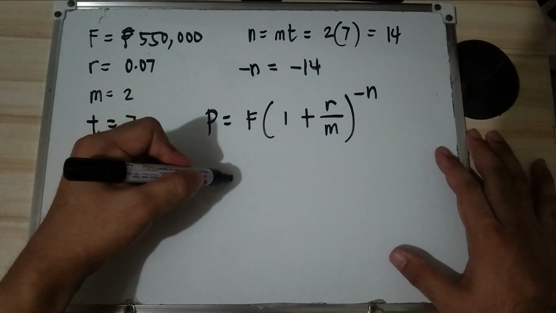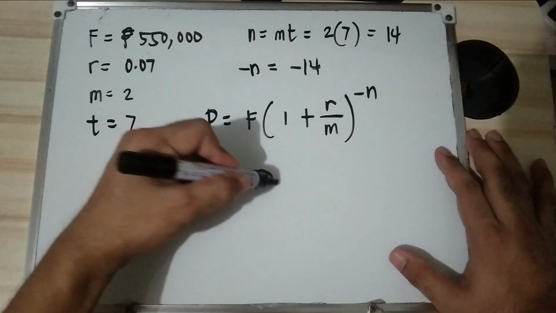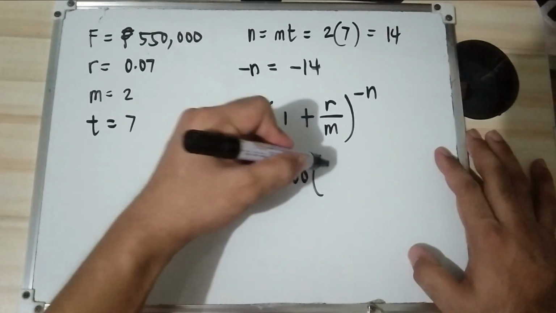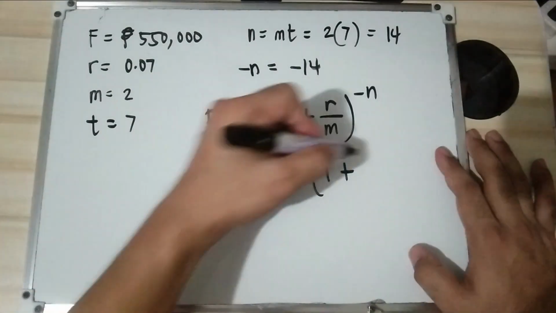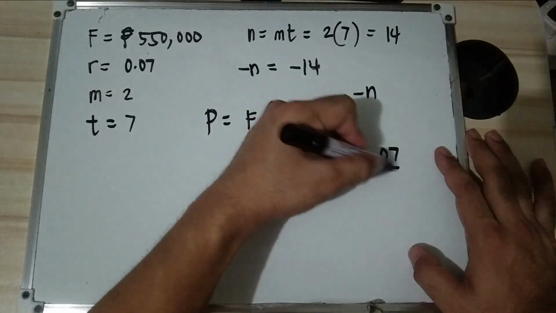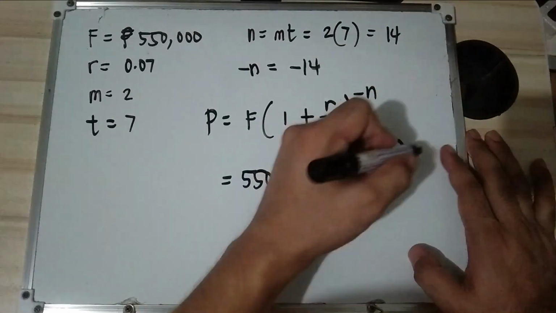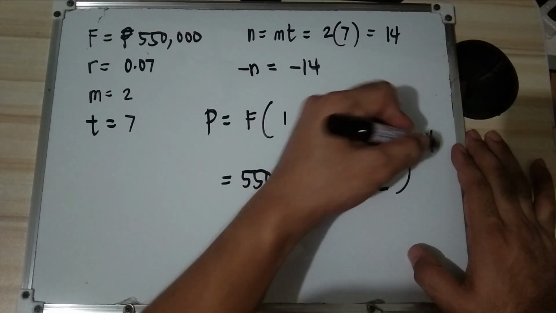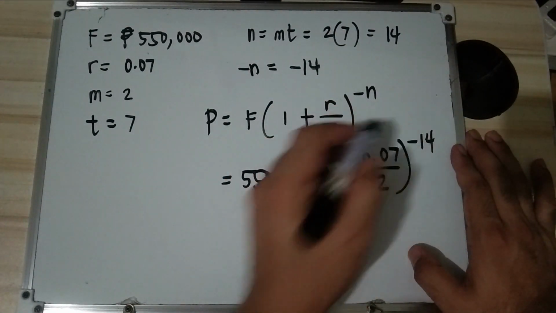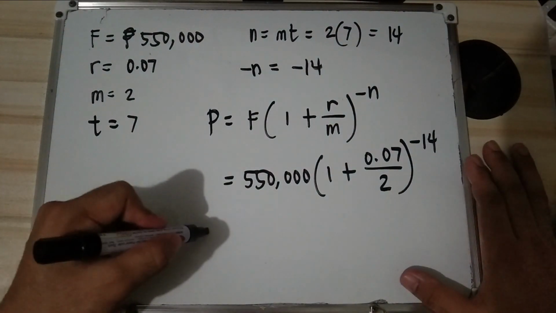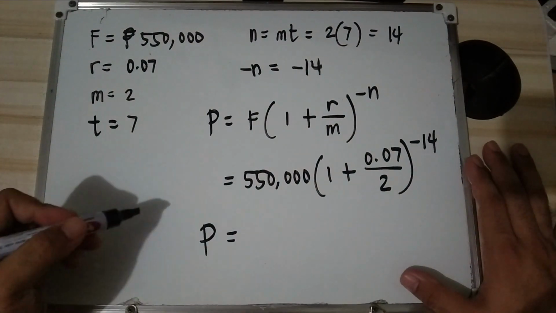Okay? So yung formula doon, P is equal to F times 1 plus R over M raised to negative N. So that is equal to 550,000 times 1 plus R natin, 0.07 over 2 raised to negative 14. Kasi negative N na siya eh. So negative 14. So calculator.